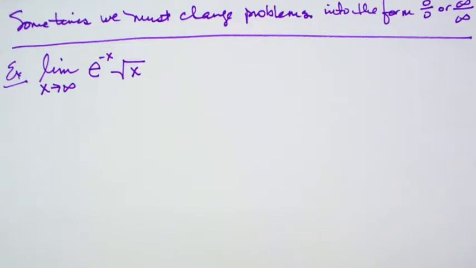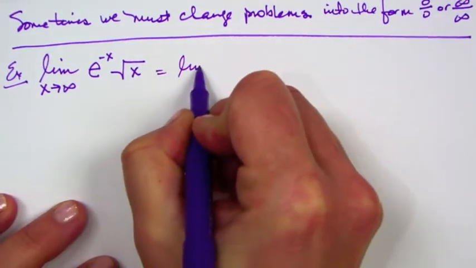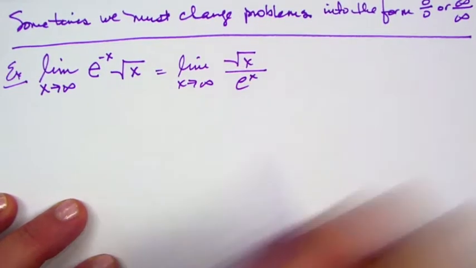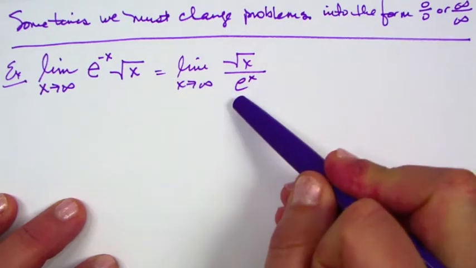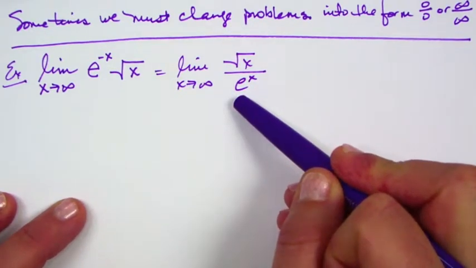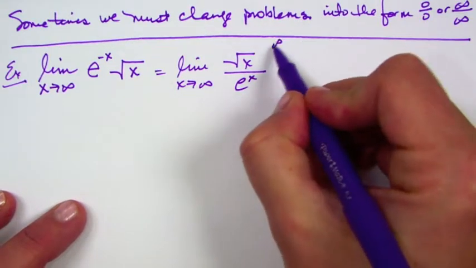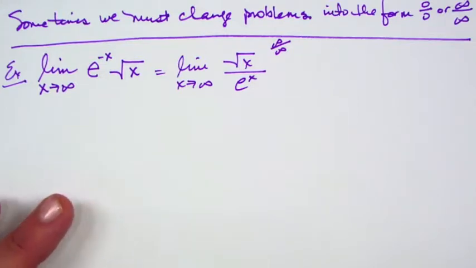Okay. All right, what happens here? Is this in the form 0 over 0 or infinity over infinity right now? No. But I can make a really simple move by moving the e to the negative x, because e to the negative x is the same as 1 over e to the positive x.